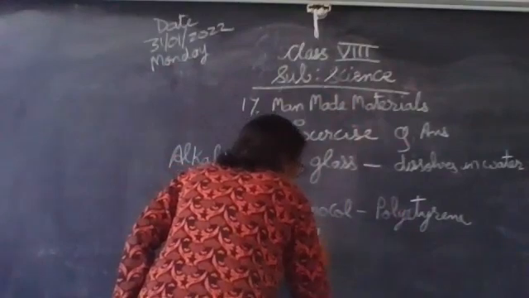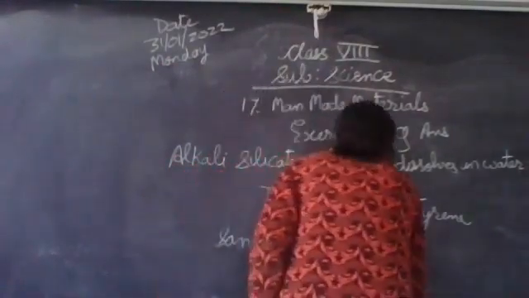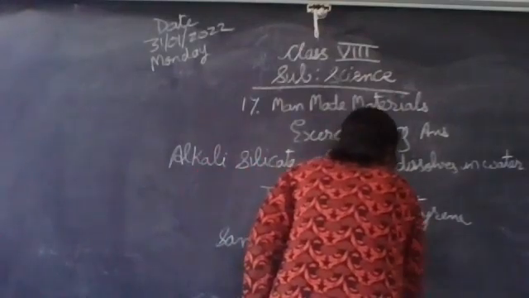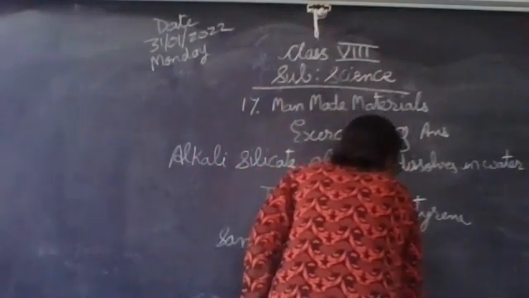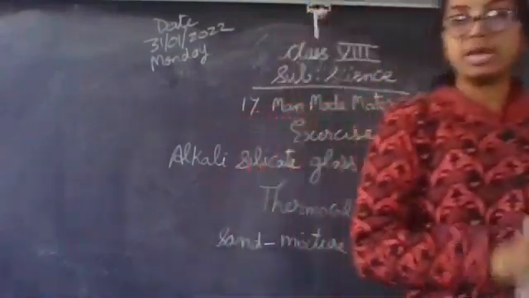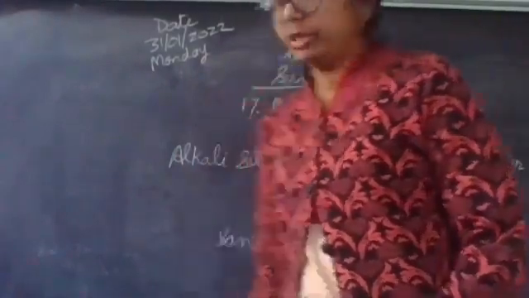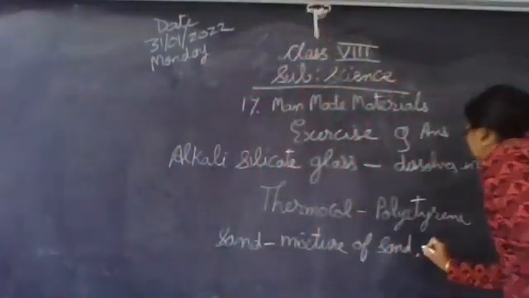Sand is the basic thing that is needed for making glass. Then you need soda.